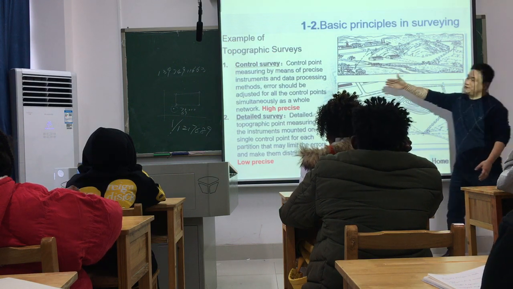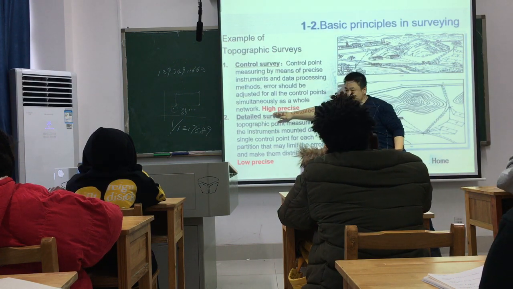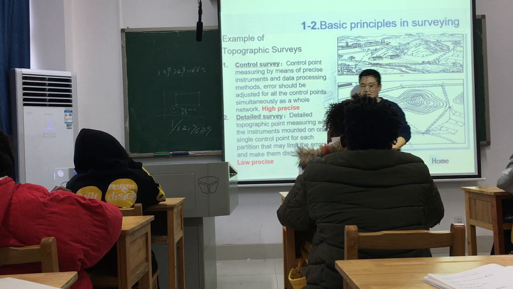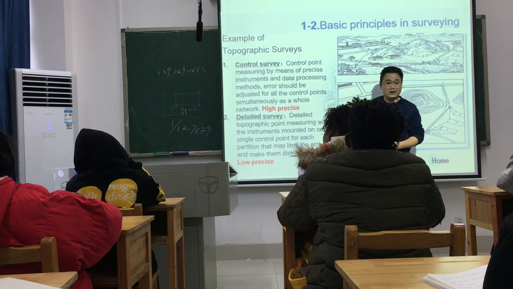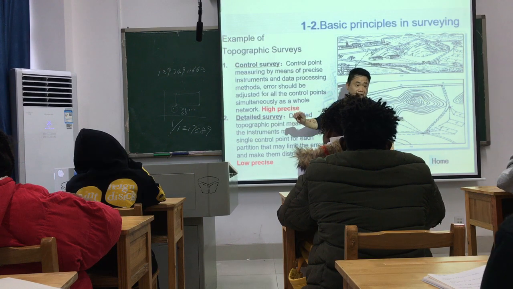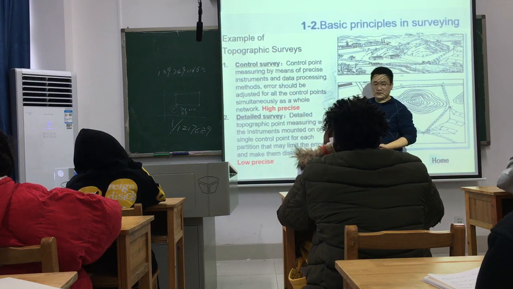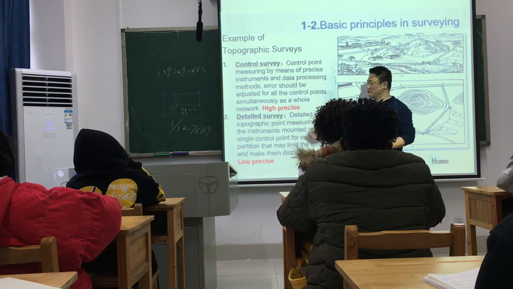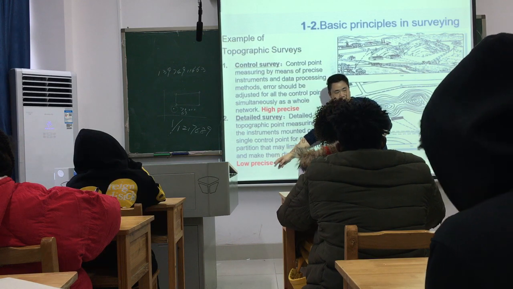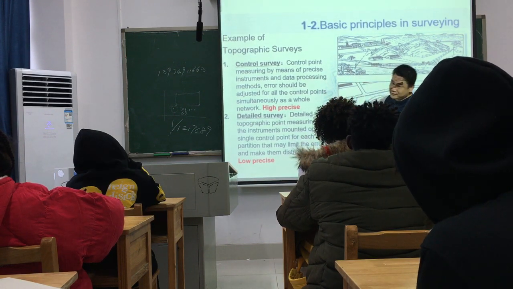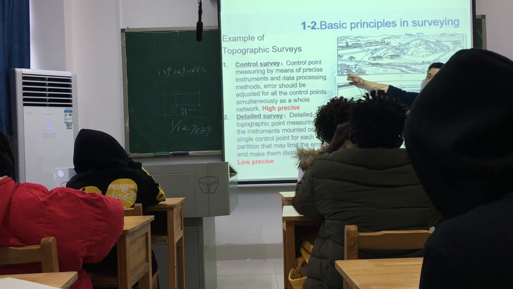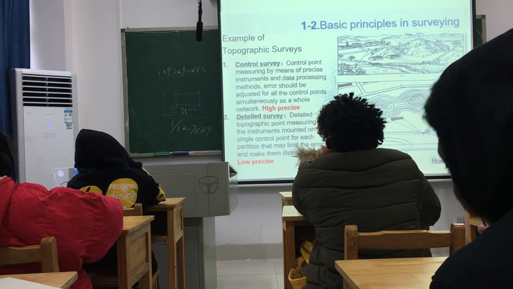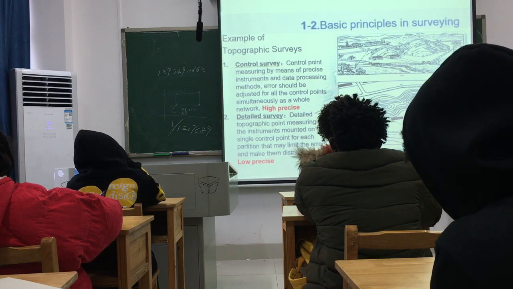And in these two steps, first we do high precision for the control survey, and we use low precision but more effective survey to do detailed survey. Yeah? So we can get precise results and work more effectively. Yeah? But if we just do survey directly from this corner straight to that, we make a big error.